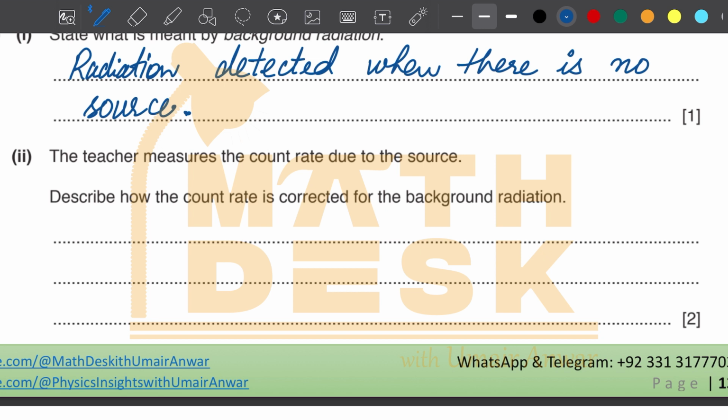So there are two steps. First, we have to measure the count rate without any source and then subtract that reading from the measured count rate, and the time taken for both readings should be the same.